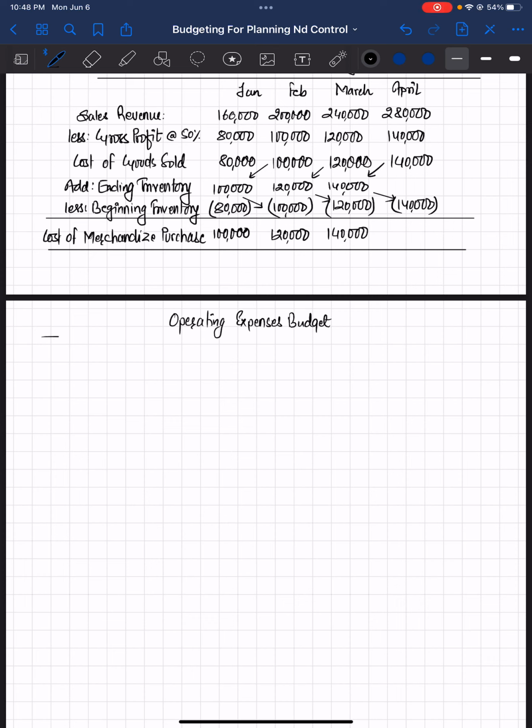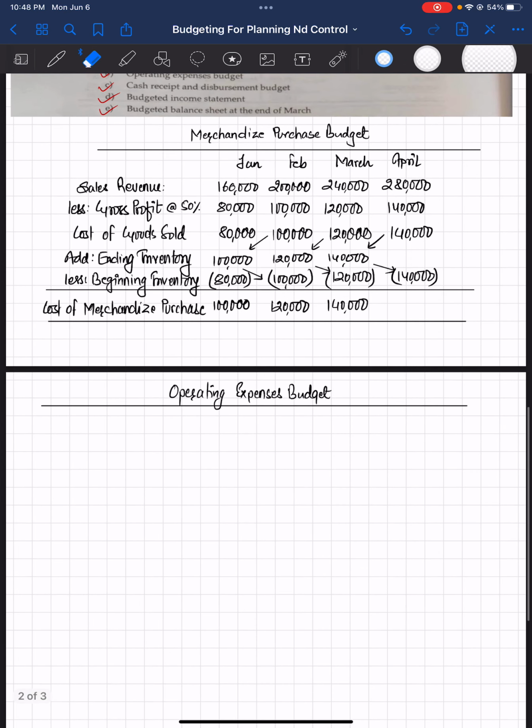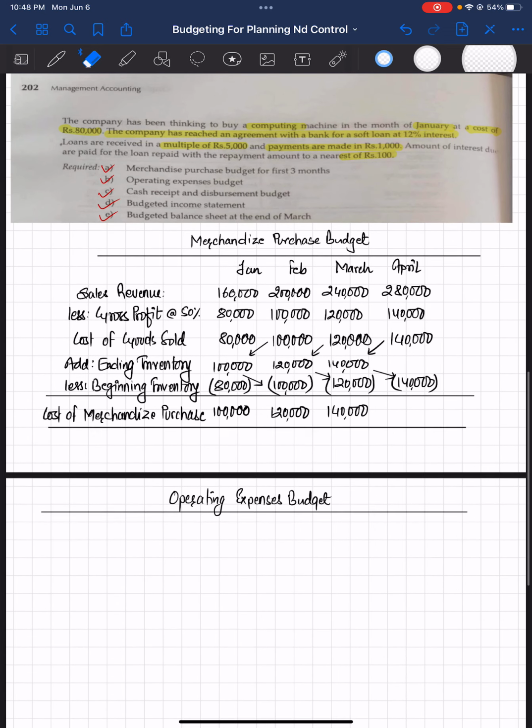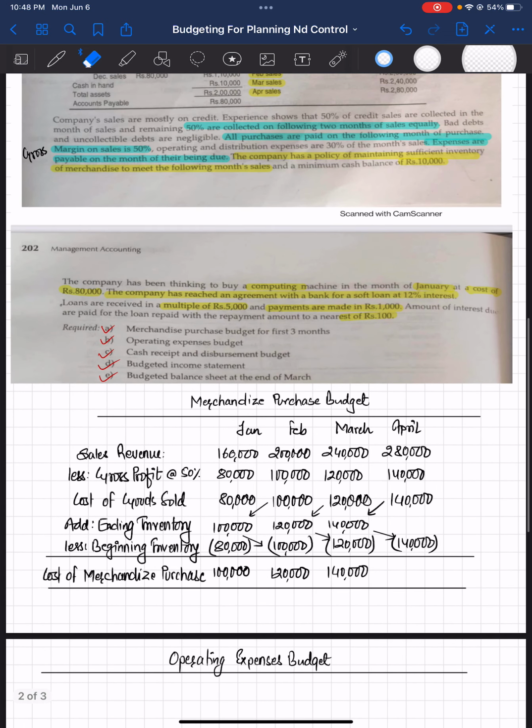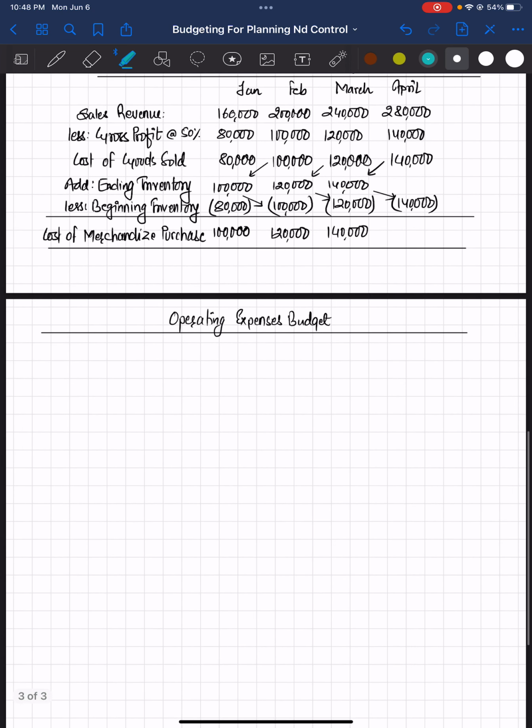This budget is going to be very straightforward and simple because, as we are given in the question, there's only one operating and distribution expense, which is 30% of the month's sales. So let's find out the figures for the months of January, February, and March.